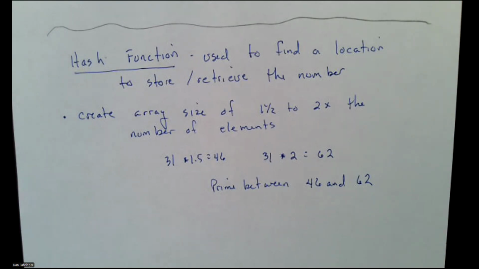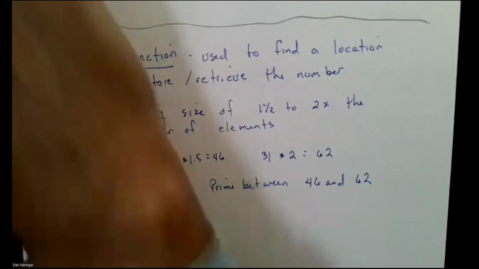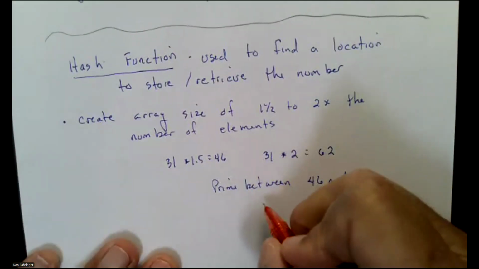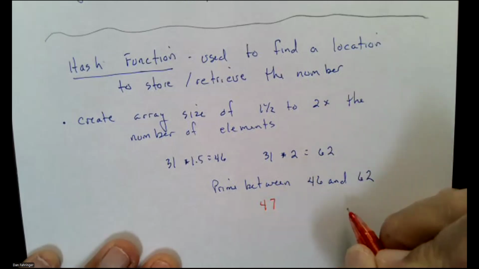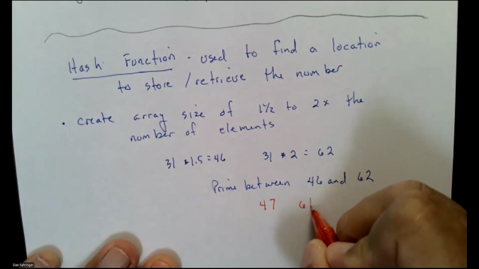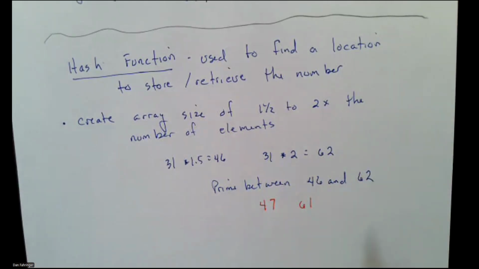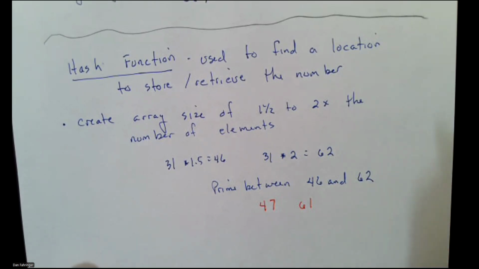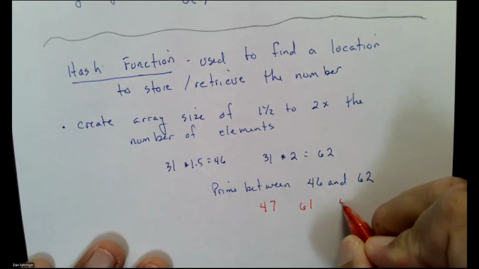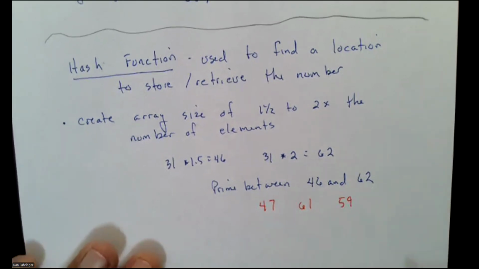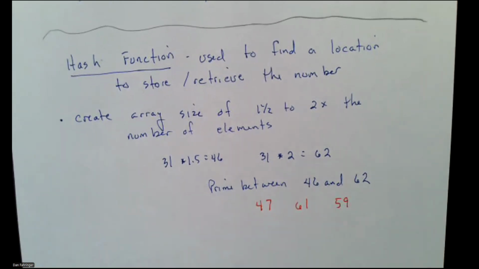Nicodemus, I think your lips moved, but you're muted. 47. Is that the only one? I think there are more, but 61. 61? Is 59 a prime between these two? Yeah, I think 59 works.